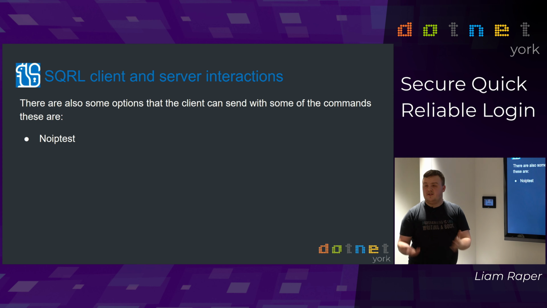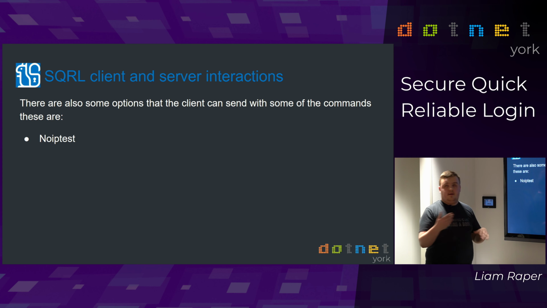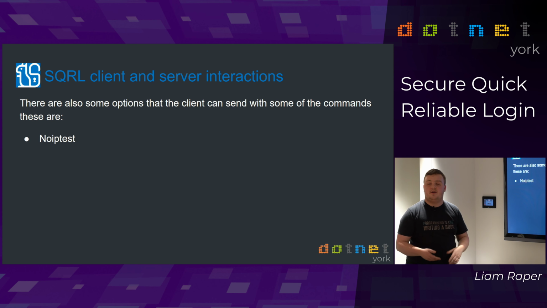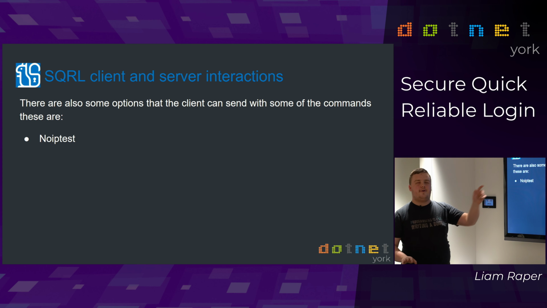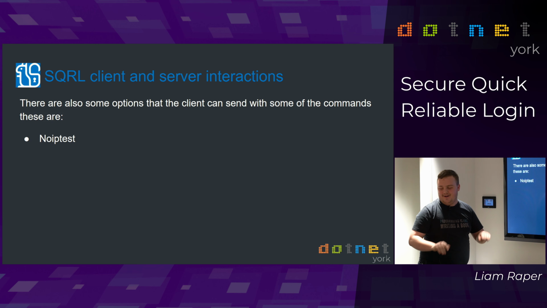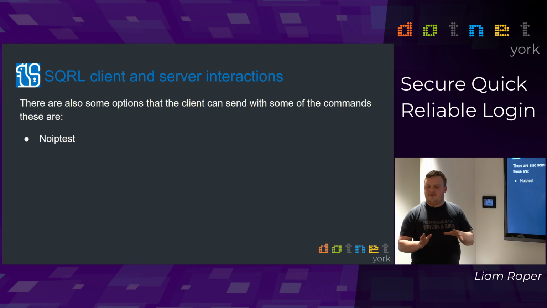If those IP addresses don't match and this wasn't sent, it would fail the authentication because the server's like, whoa, how can you be at this IP address and this IP address at the same time? That doesn't work. So there's a bit of security that we're turning off with this.